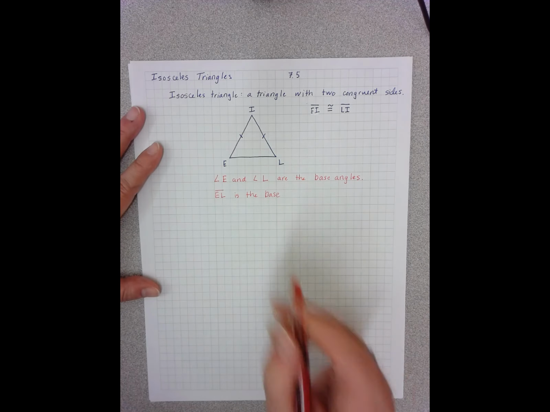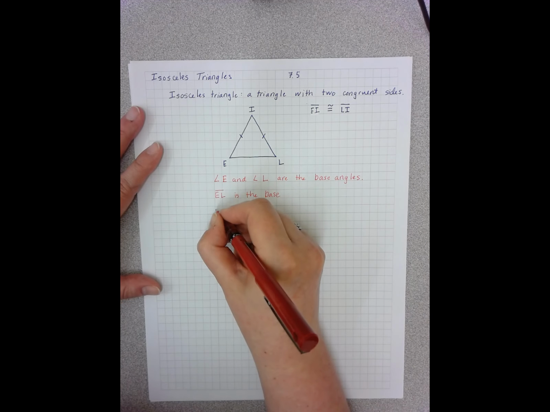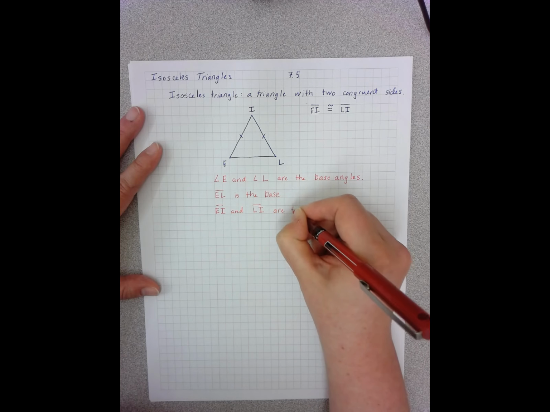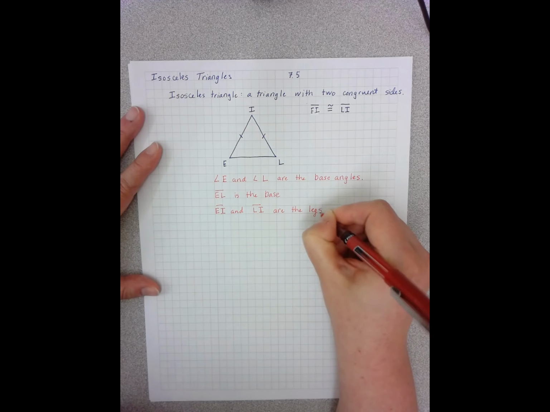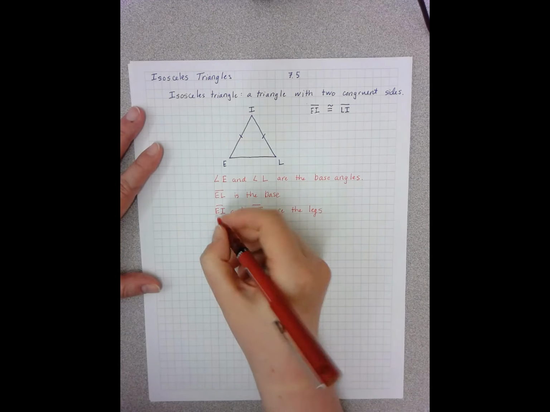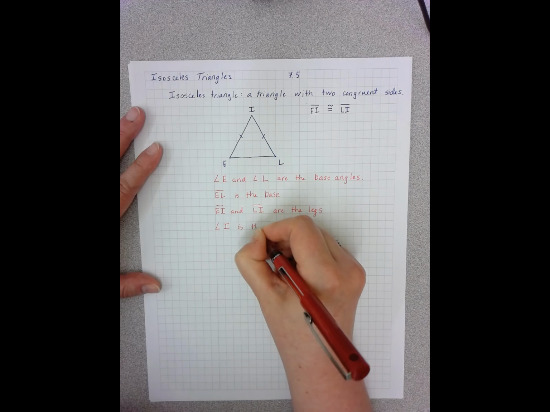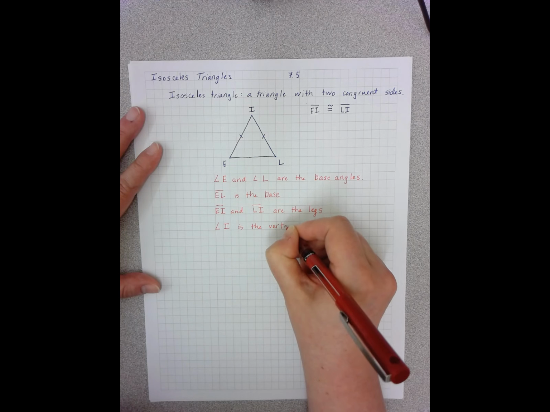Then we call the two sides that are congruent, EI and LI, the legs. And lastly, angle I is the vertex angle.